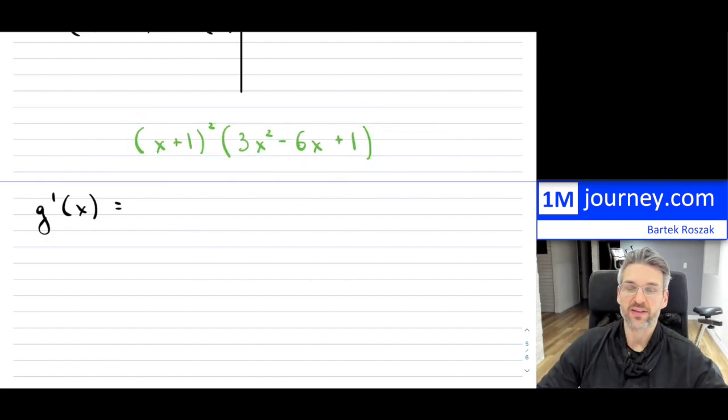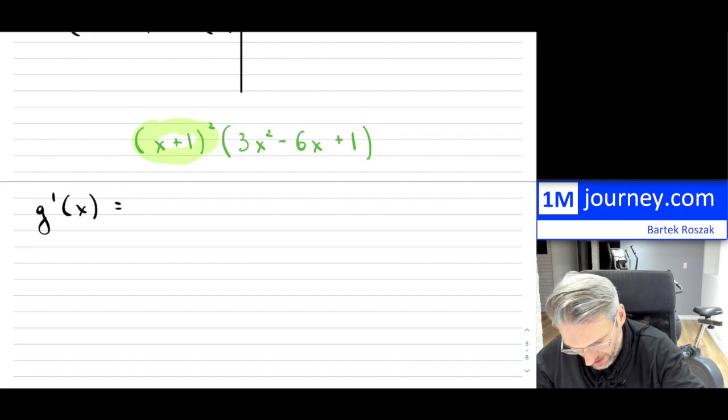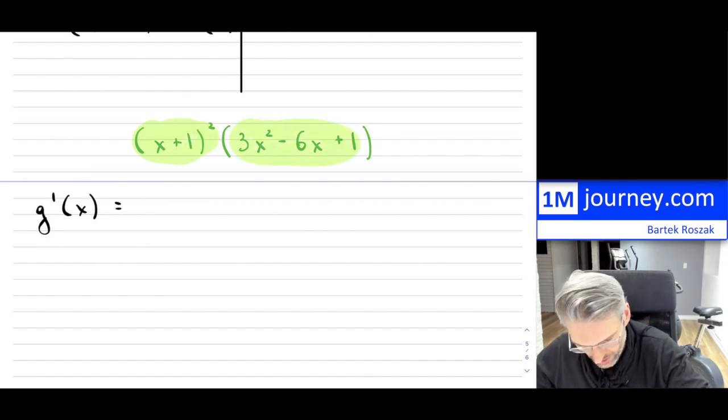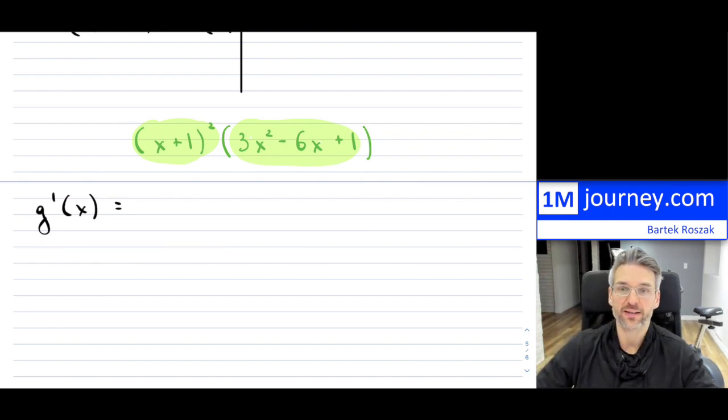I can expand this out and create a polynomial, but I'm just going to use the product rule. I'm going to take this as one function multiplied by another function, really. So let me do that in fast forward fashion, and then I'm going to find out what that derivative is. I'm going to simplify it, and you can try it on your own as well.